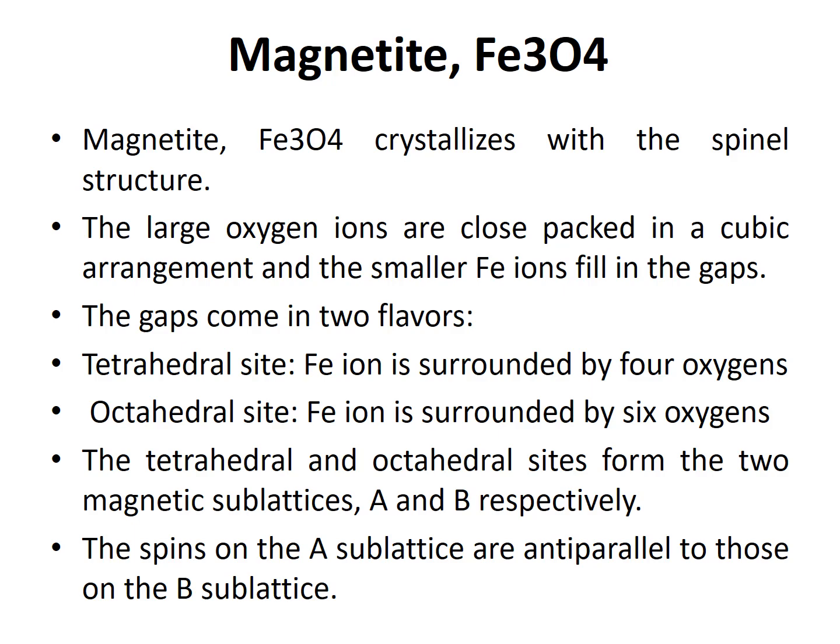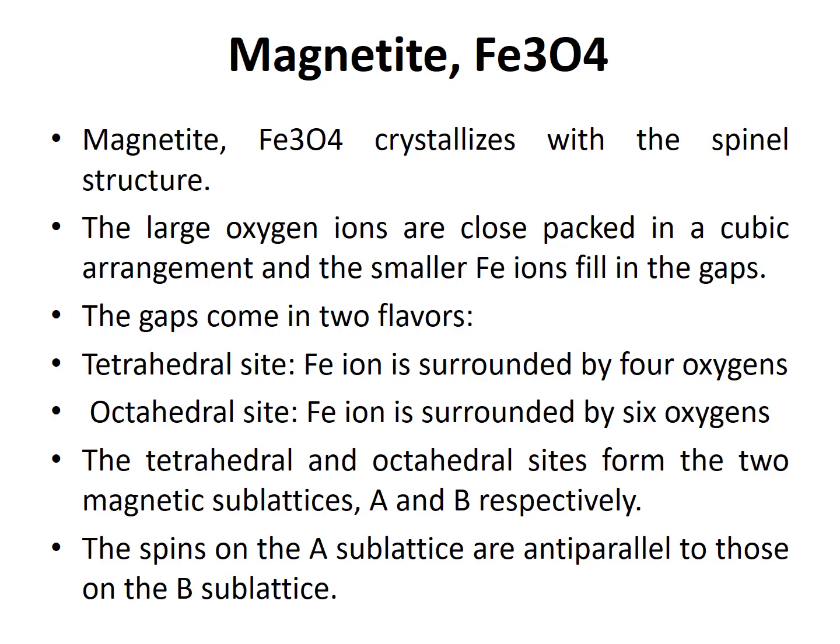Magnetite, Fe3O4, crystallizes with the spinel structure. The large oxygen ions are close packed in a cubic arrangement, and the smaller iron ions are filled in the gaps.